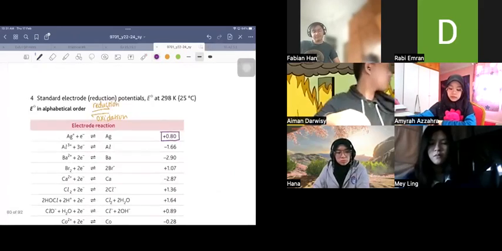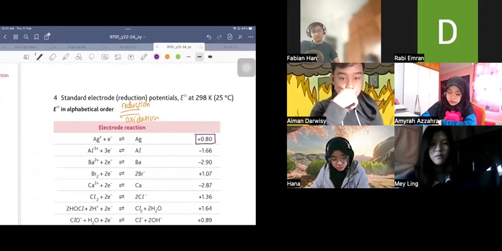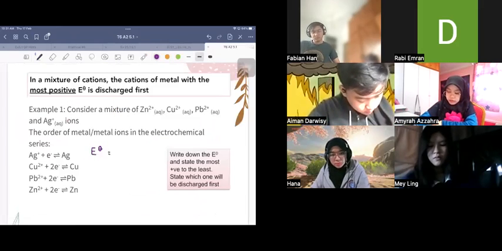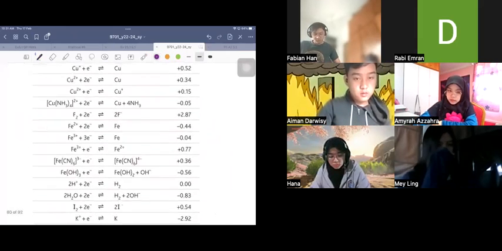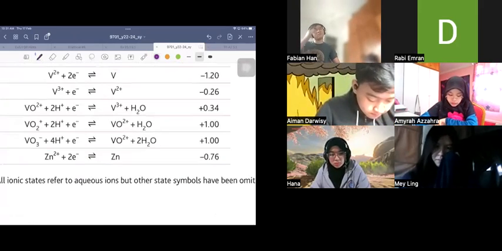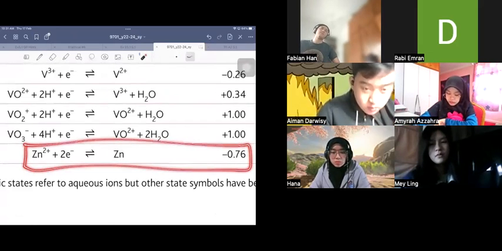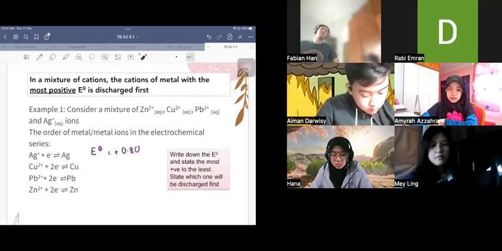Silver ion is Ag, and because they're arranged alphabetically, it would be at the top. E note is positive 0.80. Zinc 2 plus, Z would be at the very bottom, which is on the next page. You can see that zinc 2 plus has a value of negative 0.76. I will let you have a look at the data booklet first.